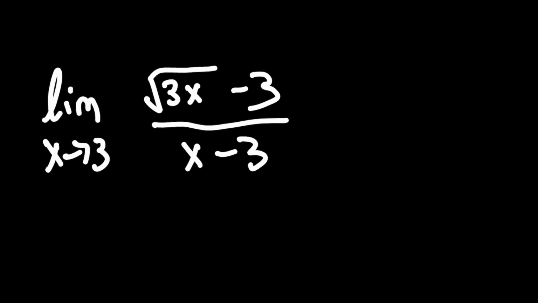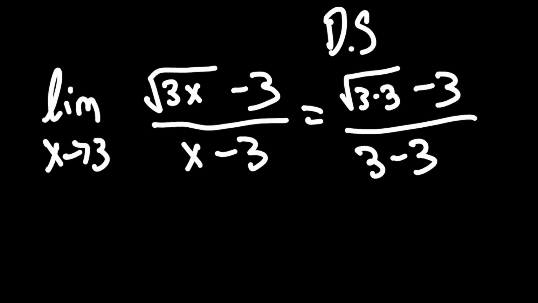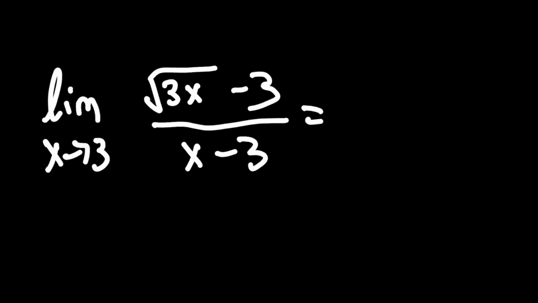Another way we can solve these limits that would give us an indeterminate form if we substituted is by multiplying by the conjugate. Now, if you do direct substitution, you'll see that you're going to get 3 times 3 minus 3 all over 3 minus 3. This is going to give us 0 over 0. So instead, what we can do is multiply by the conjugate, a different form of 1.